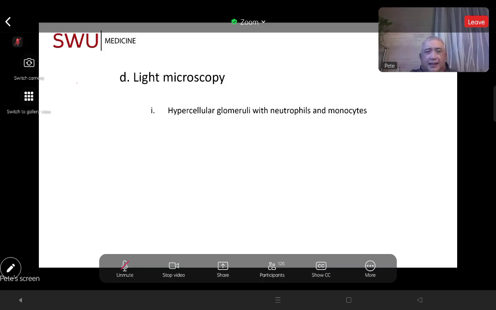And then in light microscopy, there is a hypercellular glomerulus with neutrophils and monocytes. Mind you, the glomerulus is cellular, but if you have an increased number of inflammatory cells, then this will give rise to glomerulonephritis.